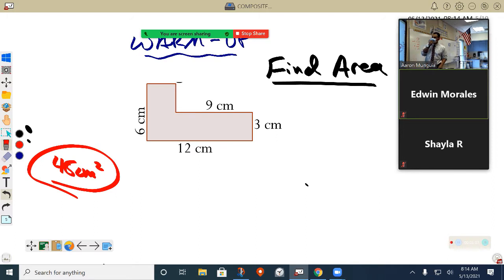There you go. So what I'm going to do, I'm going to chop this puppy up into 2 rectangles, like that. Or if you don't like that, you might opt to do this. Doesn't matter. I'll just keep it like this for now.